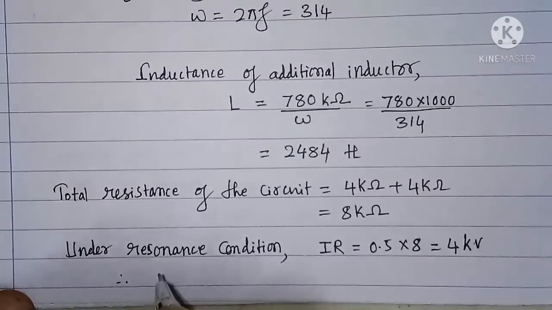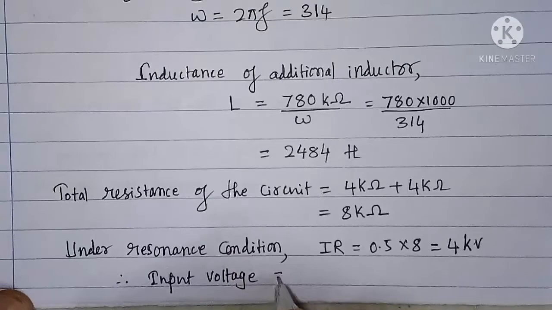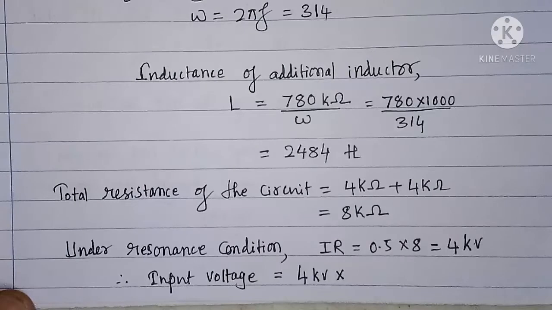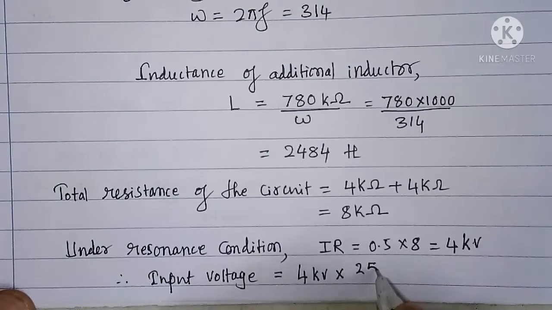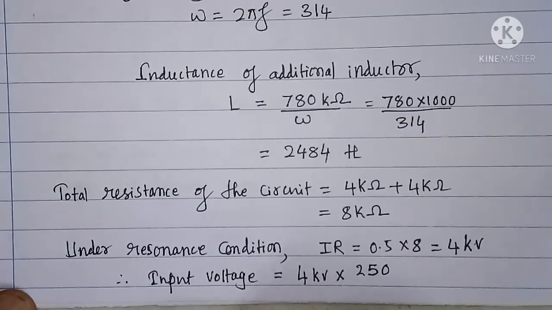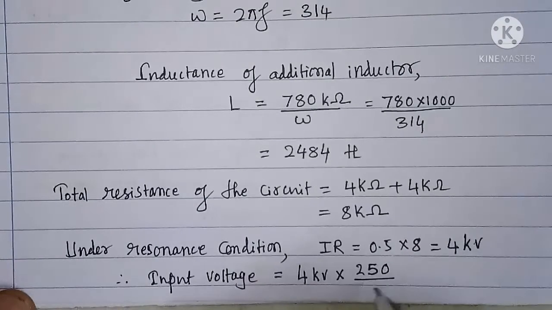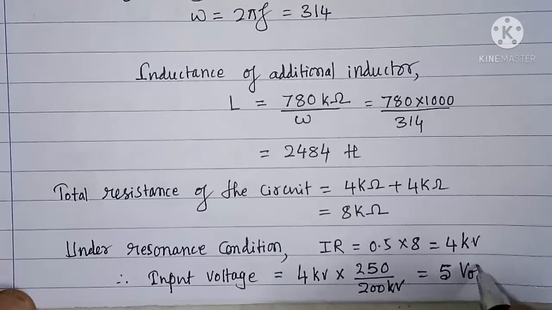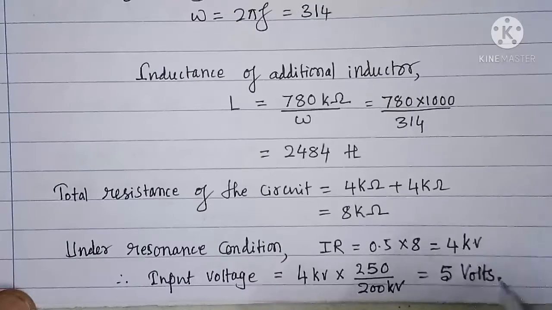So you can write, therefore input voltage is equal to secondary side voltage, that is 4 kV, into 250 by 200 kV, that is equal to 5 volts.